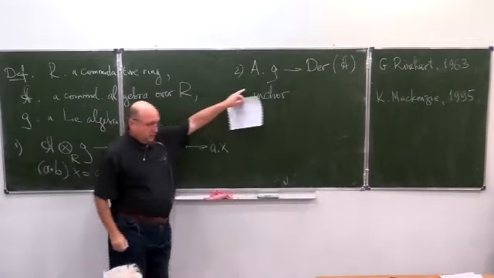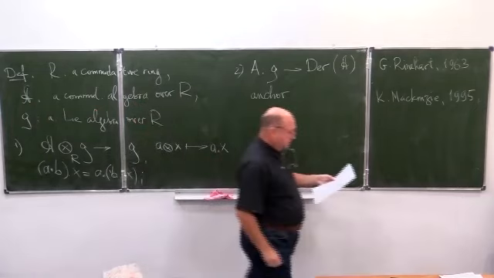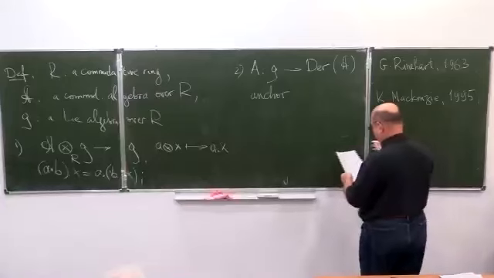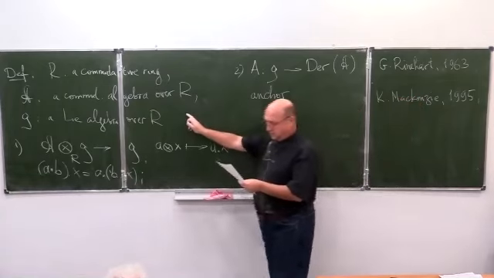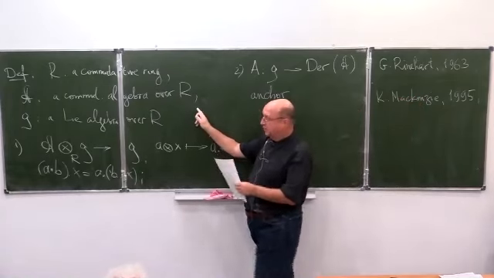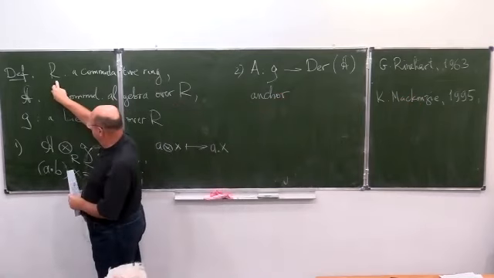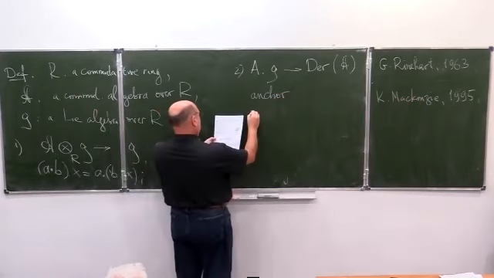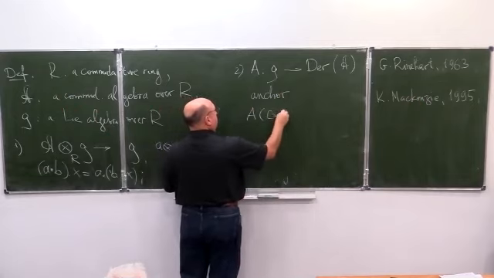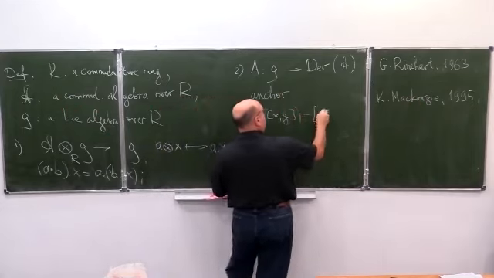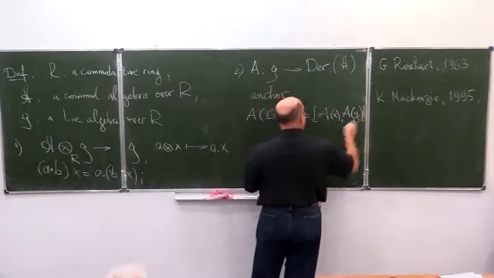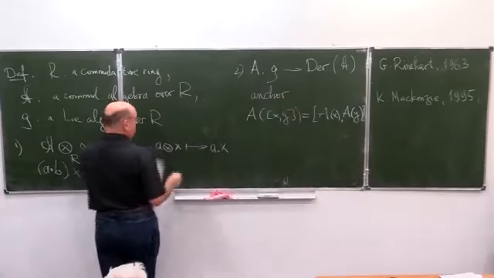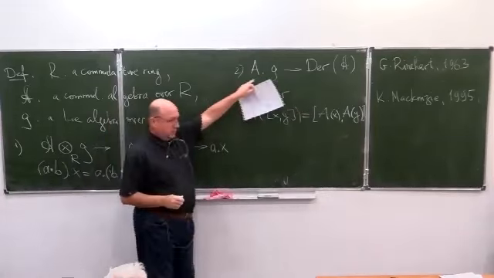This map is simultaneously a homomorphism of Lie algebras over the ring, so the anchor of a commutator is the commutator of the images, and this anchor is a homomorphism of A modules.